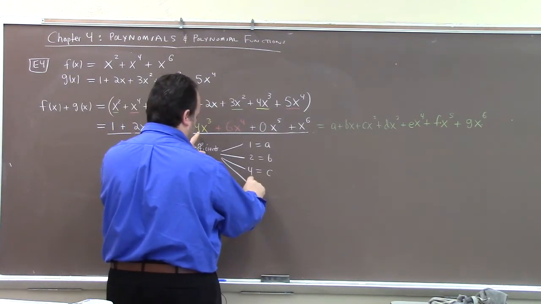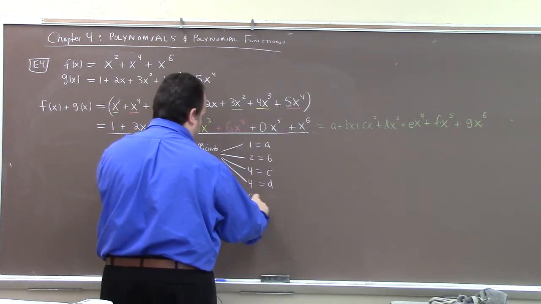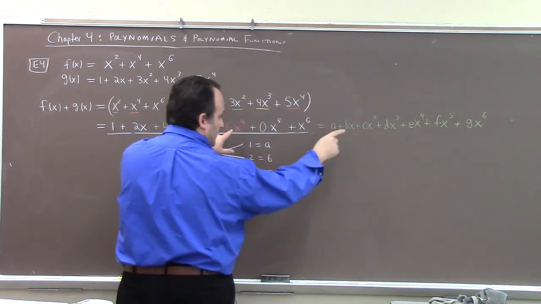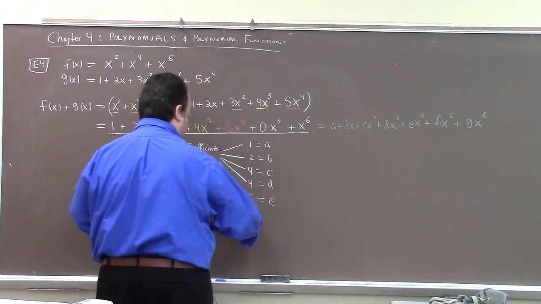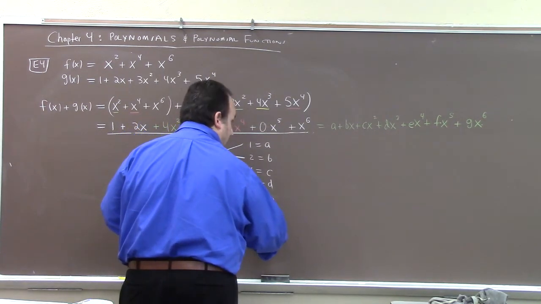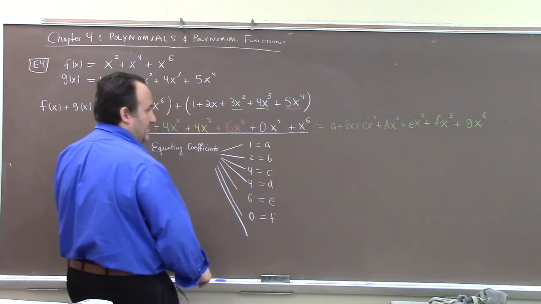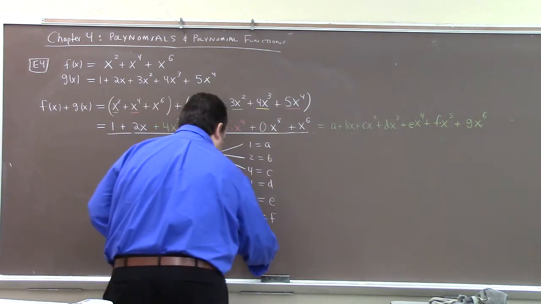There's another 4, so 4 is d, right? You said 6 is e? You're jumping ahead, weren't you? Let's see here, 6 is e, yeah. And then this one's kind of tricky. 0 is f. And 1 is g, right?